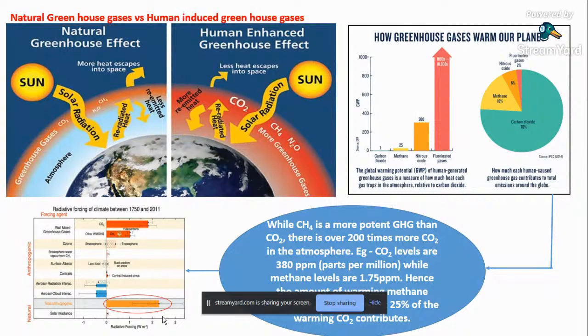However, human-influenced CO2, other greenhouse gases, as well as tropospheric ozone and so on, I have marked here, and the total anthropogenic effect contributes more or less plus 2.5 watts per meter square.